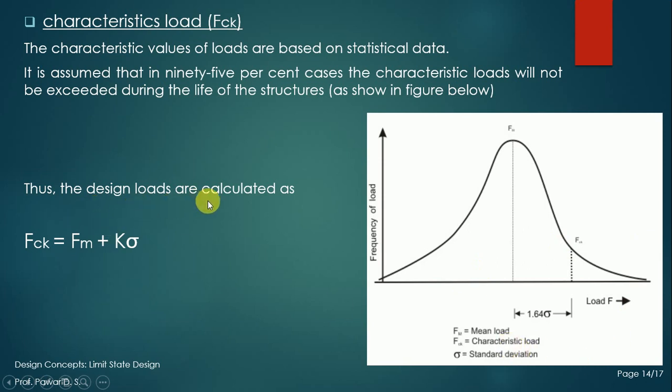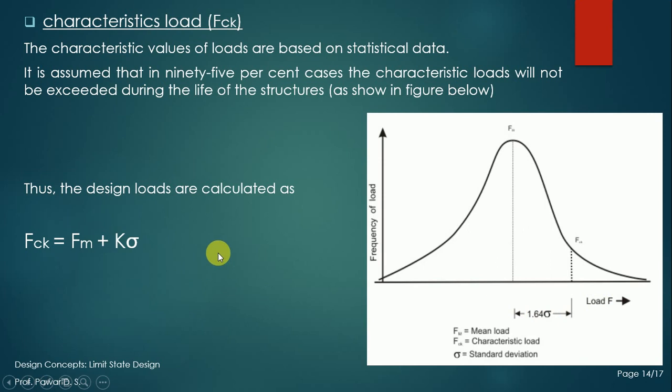Thus, the design load is calculated like this: FCK is equal to Fm plus K into rho. Here Fm is the mean load, FCK is the characteristic load, and rho is nothing but the standard deviation. Here you can see this value is Fm, FCK is here, and 1.64 rho is this distance.